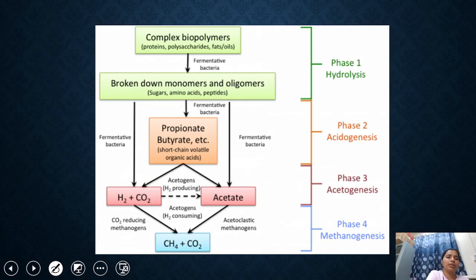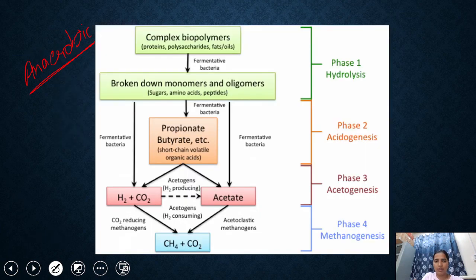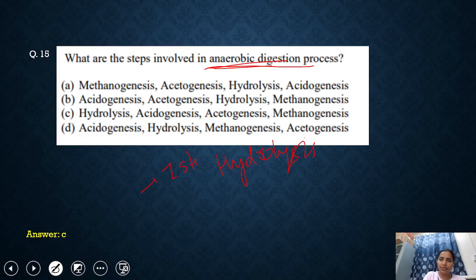So we are talking about the anaerobic process. They are asking what are the steps involved in anaerobic digestion. We are going to discuss it in a little bit of detail. What happens in any type of digestion process, whether it is anaerobic or aerobic?